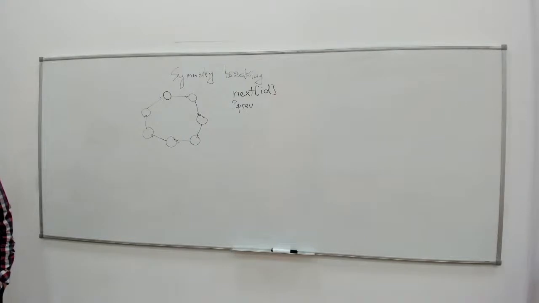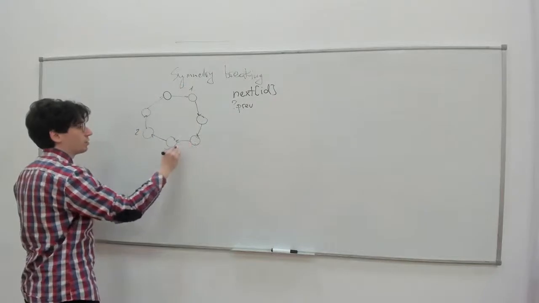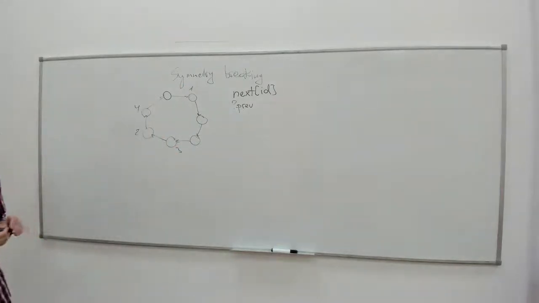Or just next of ID minus 1 mod n? No, unfortunately, these nodes can be in random, chaotic order. We just can go through the cycle, and for each node save that the current node is the previous of the next one.